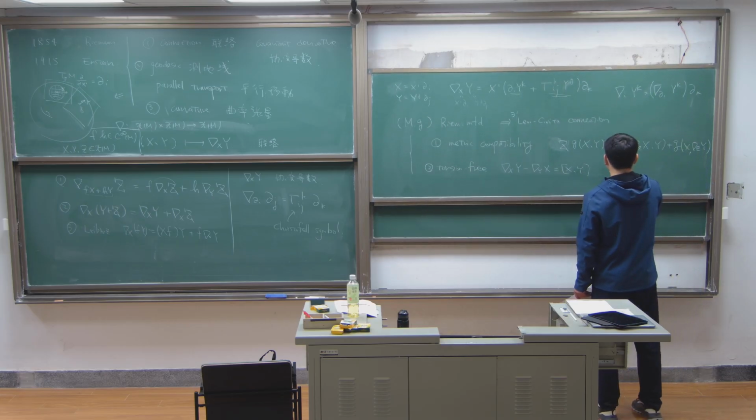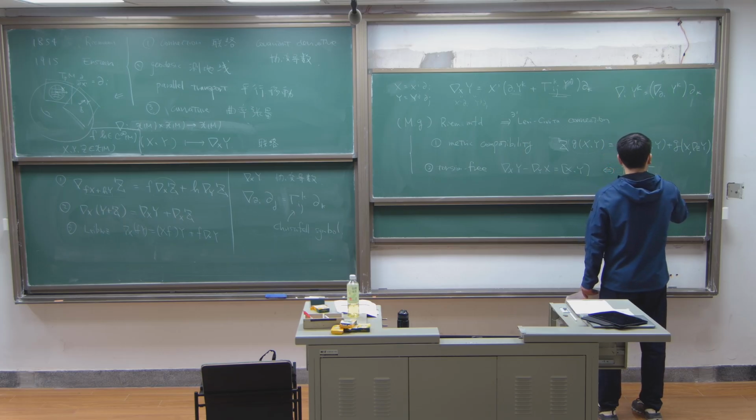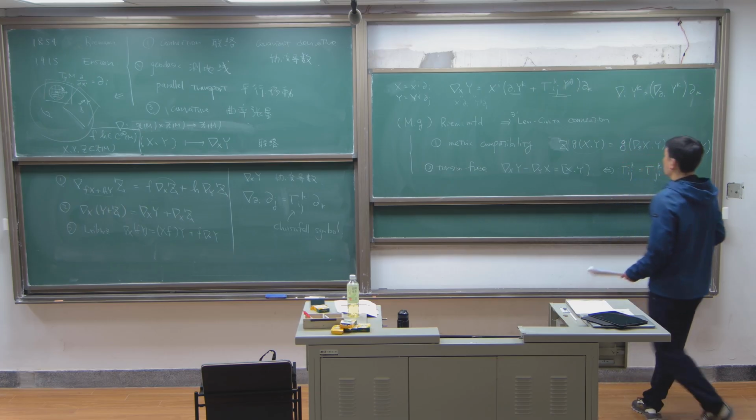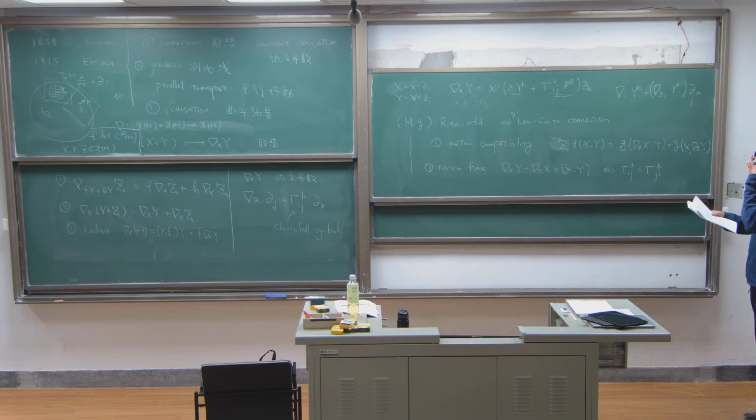If you use the local components, this will give you Γ^k_ij = Γ^k_ji.